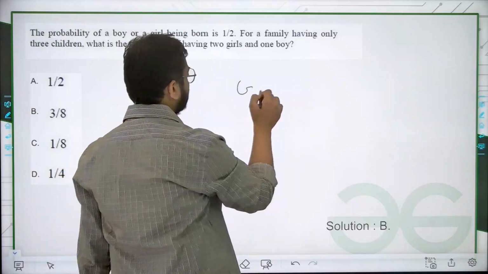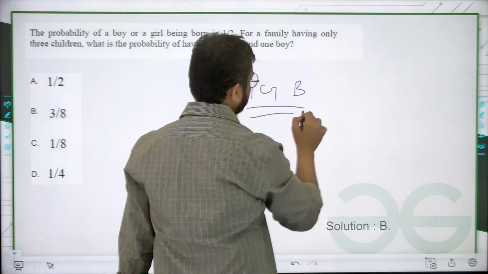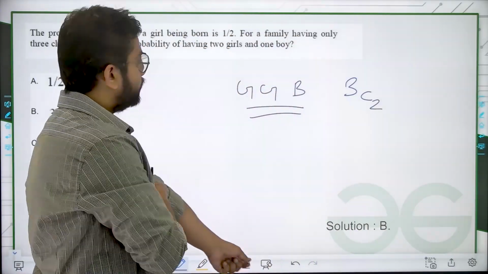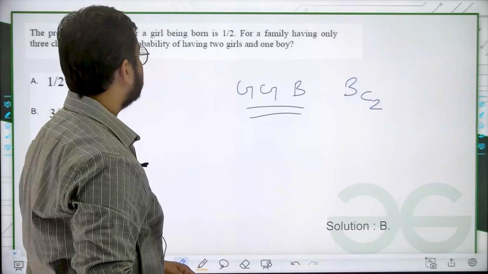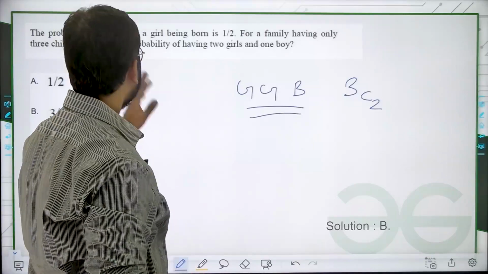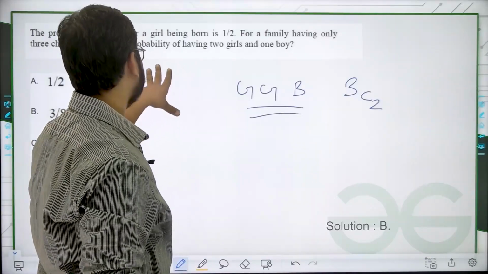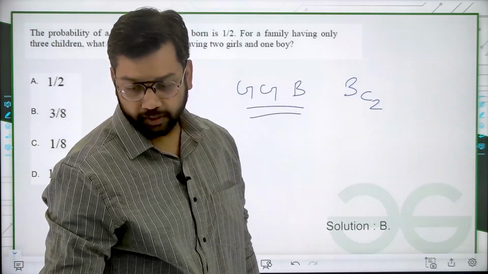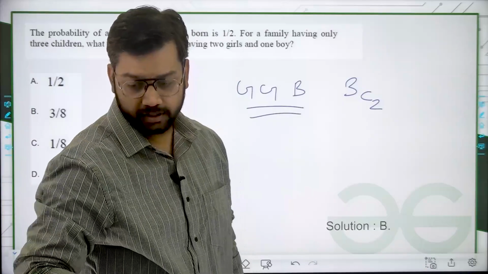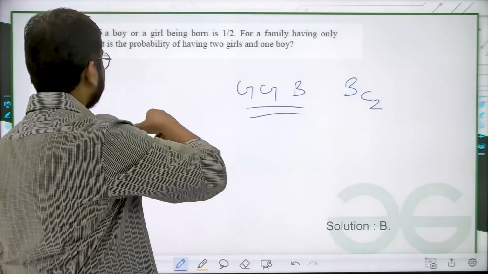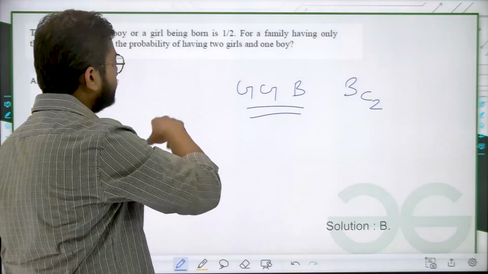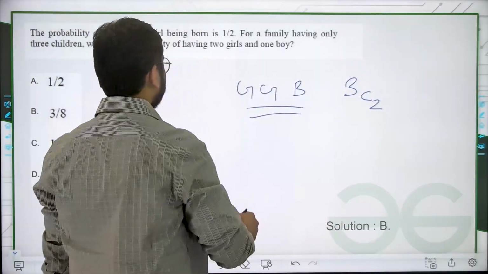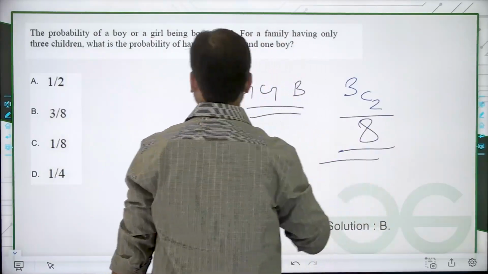It will basically be 3C2. The arrangements are GGB, GBG, BGG, like the things you have written. So simply 3C2 upon 8 is the final answer.